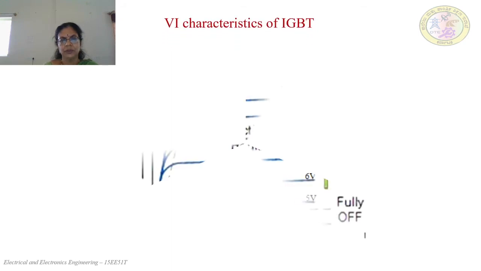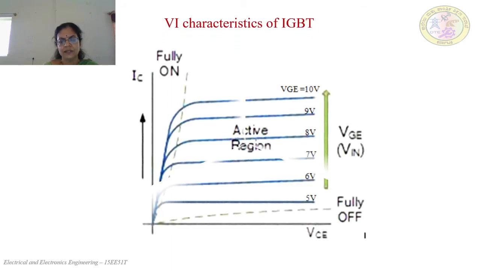Now we'll look at the VI characteristics of IGBT. If you look at the characteristics of IGBT, it looks like this. It is plotted IC versus VCE. You can see that as we keep increasing the value of VGE, IC is also increasing.